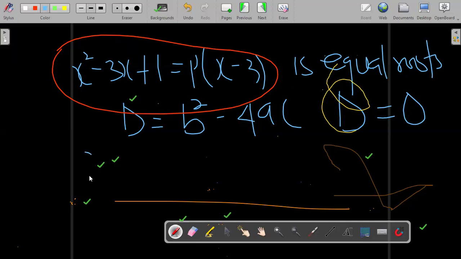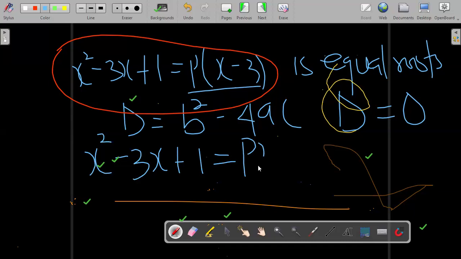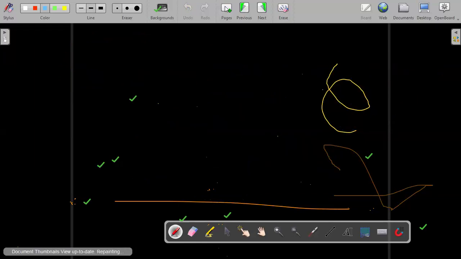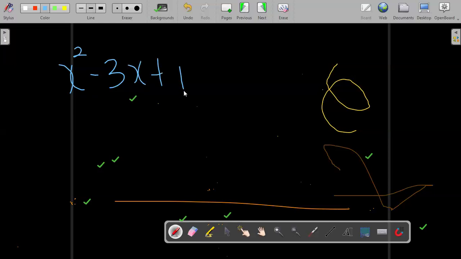I'm going to have x squared minus 3x plus 1 is equal to, I will open this bracket. That will give us px minus 3p. So all I need to do now is to collect like terms by transferring px and 3p to the other side. I will have x squared minus 3x plus 1.